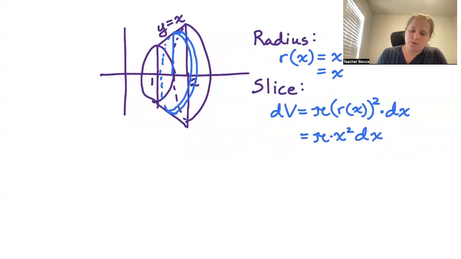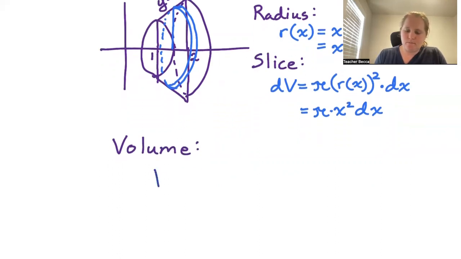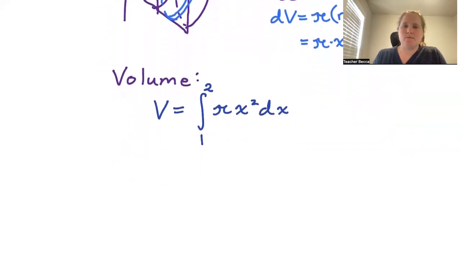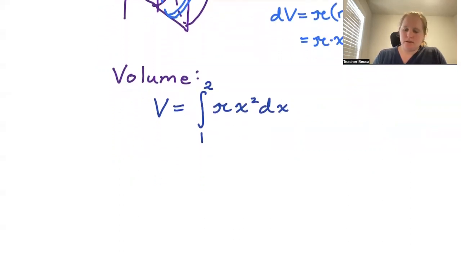From here, we can jump to our volume. So our volume is just the integral from 1 to 2 of dV, well, from 1 to 2 of pi x squared dx. That we can go ahead and integrate.